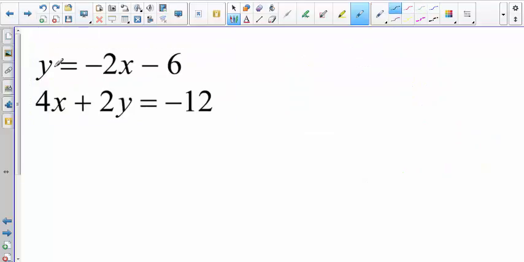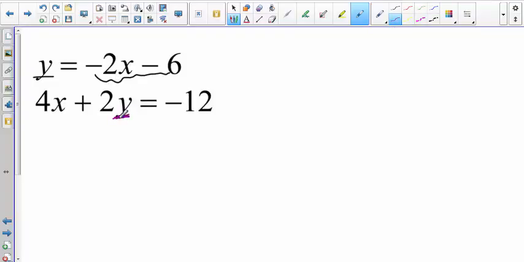We have y equals negative 2x minus 6. This is in slope-intercept form, and the second equation is in standard form. With this type of scenario, it's best to solve this system of equations by substitution. So we've already got an equation solved in terms of one variable. So wherever we see y, we're going to substitute negative 2x minus 6.